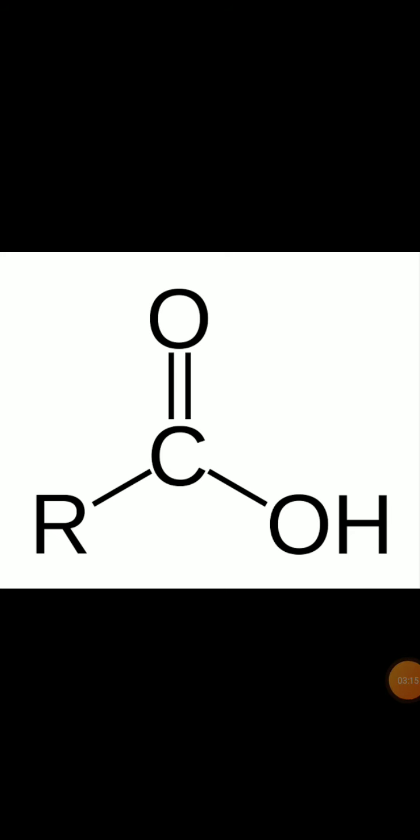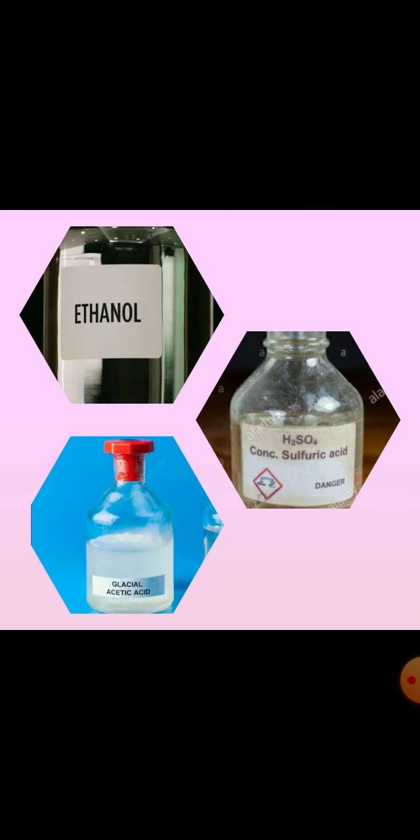Now let us learn chemical properties of ethanoic acid. Here we'll learn esterification. For this, we need to understand an activity for which we will need 1 ml of ethanol and 1 ml of glacial acetic acid, which is frozen acetic acid, along with a few drops of concentrated sulfuric acid, which is H2SO4.